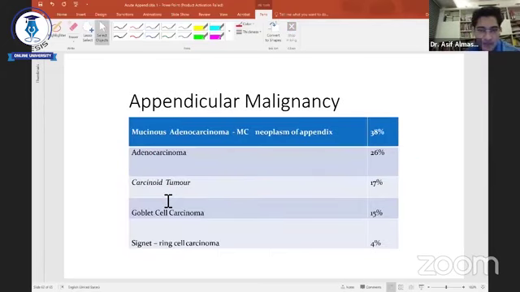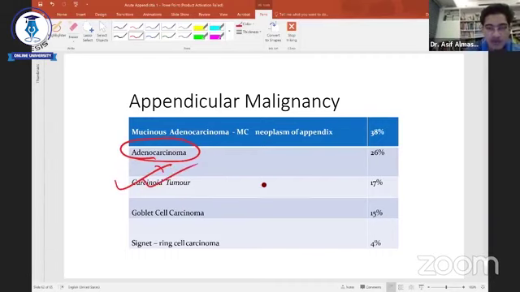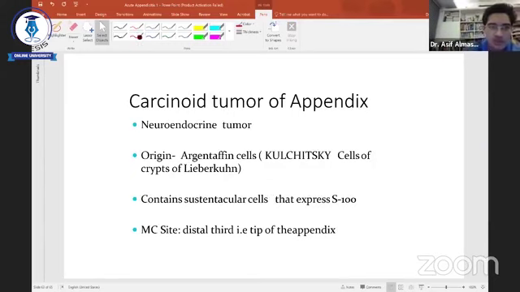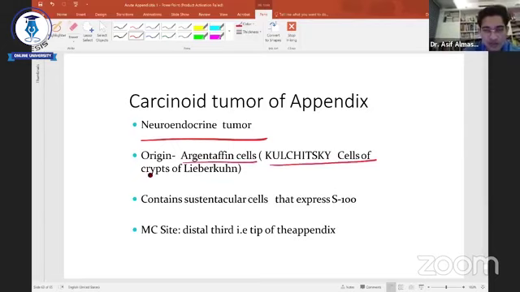There are different types of appendicular malignancy. Most importantly, I haven't usually seen an appendicular adenocarcinoma, but there are many carcinoid tumors. This is very, very important. Carcinoid tumors are the commonest in appendix. This is a neuroendocrine tumor. Just in short, these arise from the argentaffin or Kulchitsky cells of the crypts of Lieberkühn.